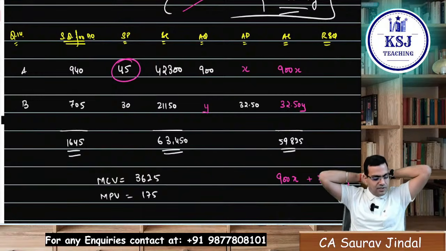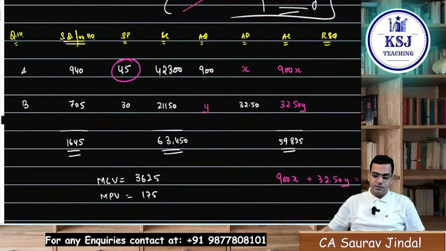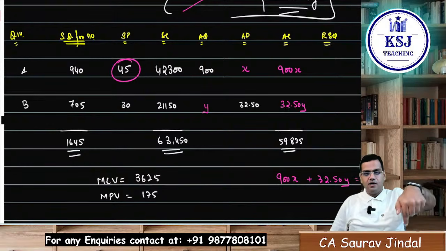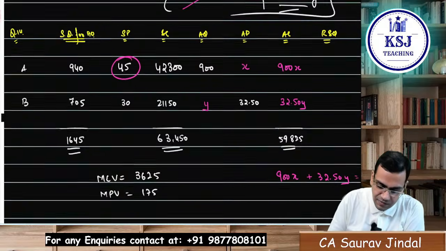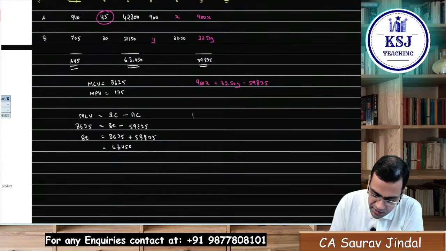Will you try once, with the price variance? You can take the average price and from there you can form another equation, standard price minus actual price into quantity. Listen here. What is the material price variance?